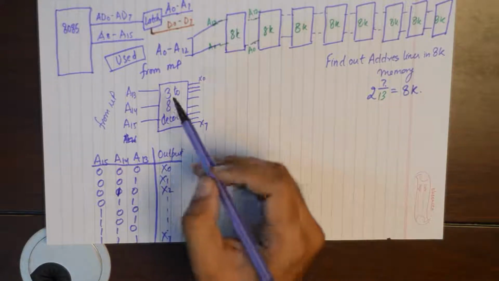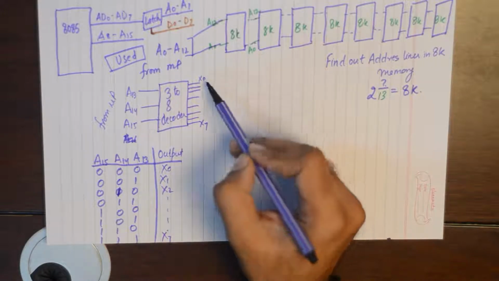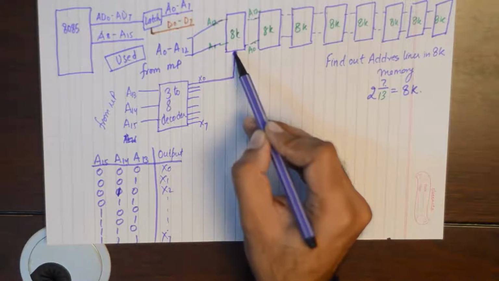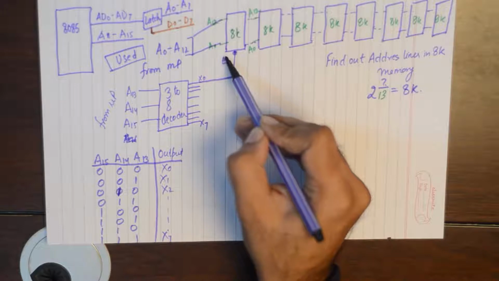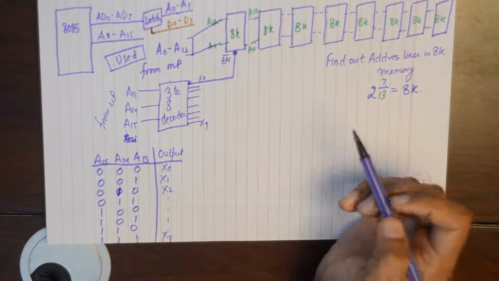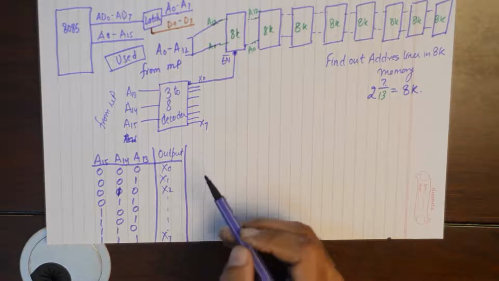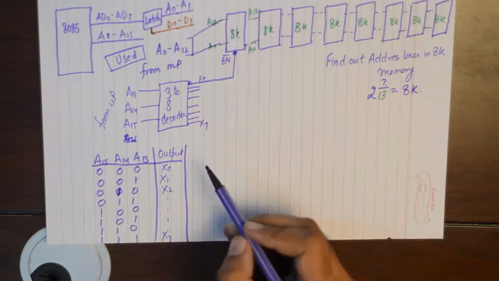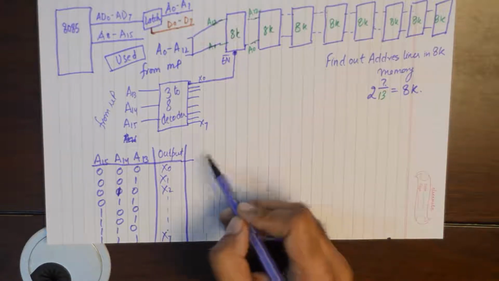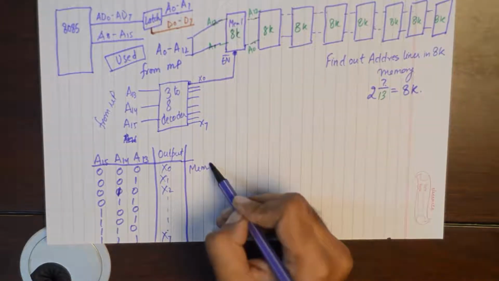When I specify 0, 0, 0 here, X0 is activated, and I connect X0 with the enable pin of the memory. So from the point of view of the microprocessor, if 0, 0, 0 is given on A13, 14 and 15, memory 1 is selected.